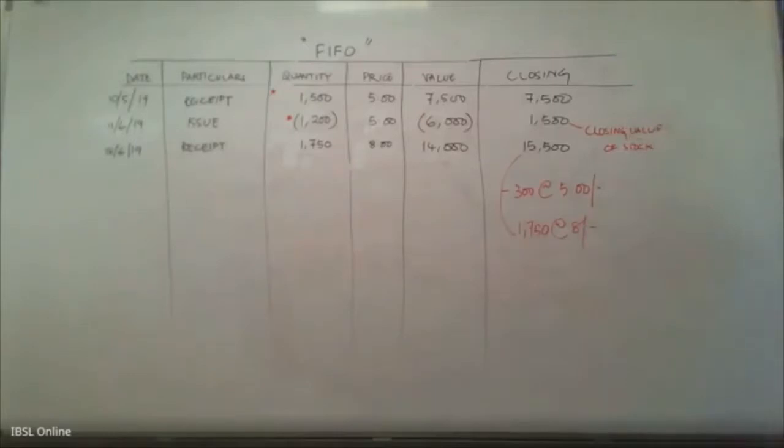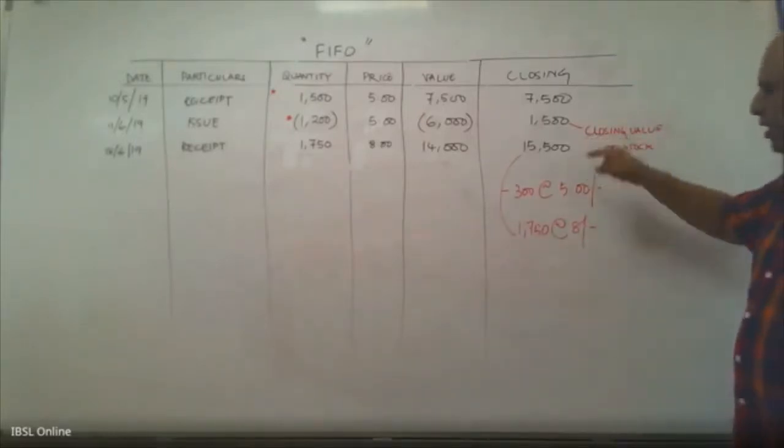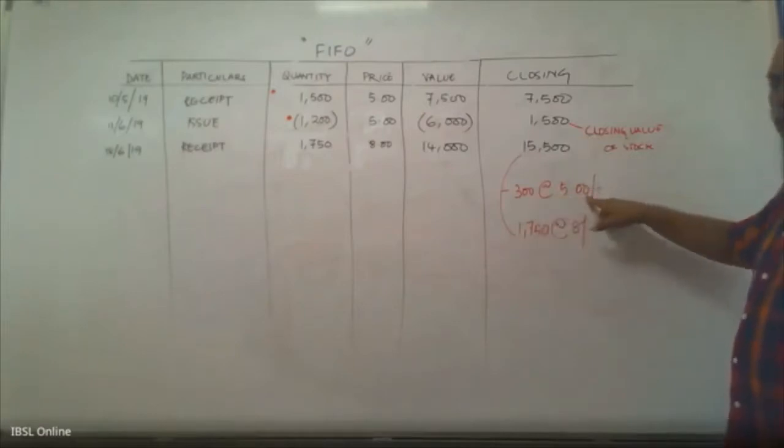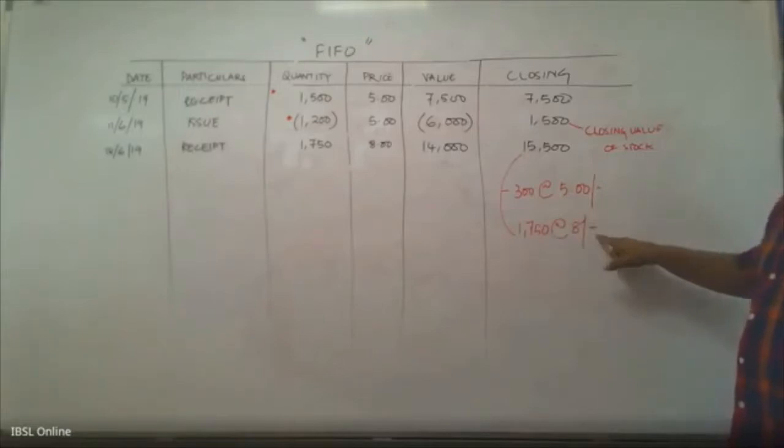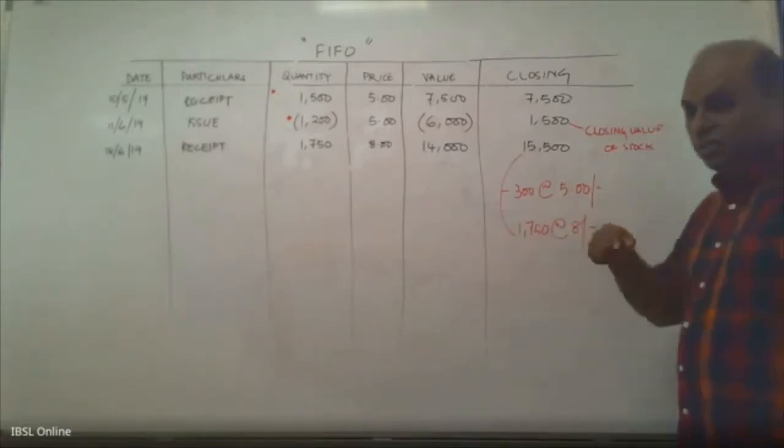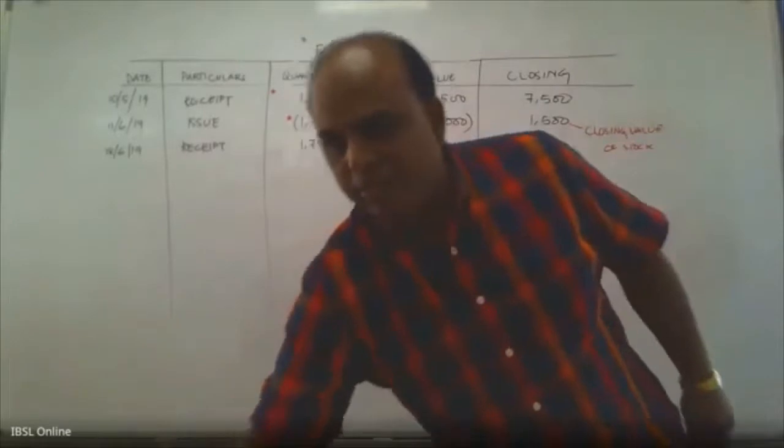Do you get that point? How did I get this 15,500? It is 300 units at the rate of 5 rupees, 1,750 units at 8 rupees each.